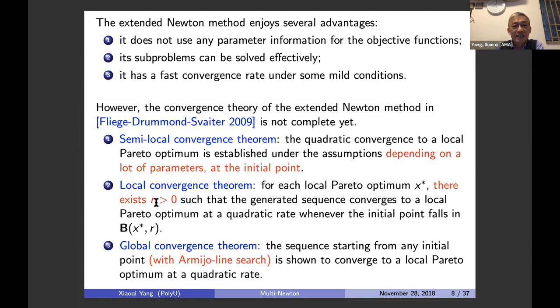The R is guaranteed to exist. Then with the line search, they can get the global convergence.